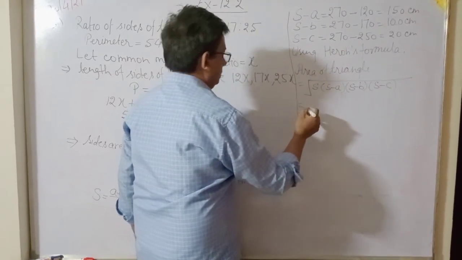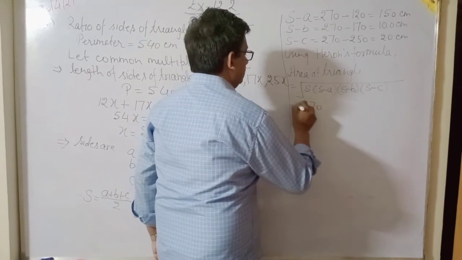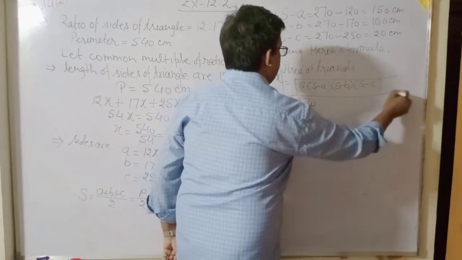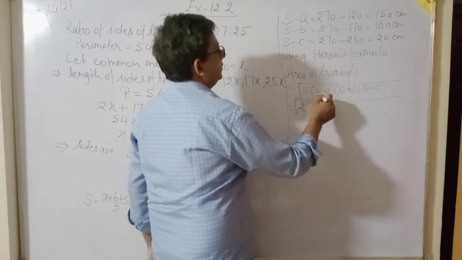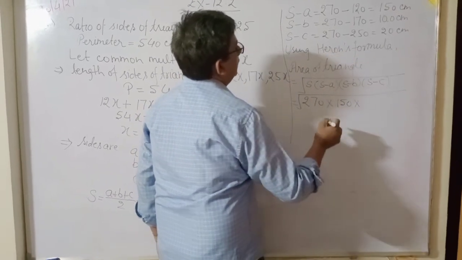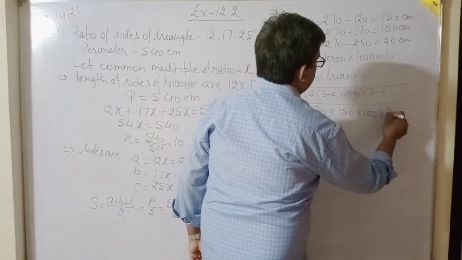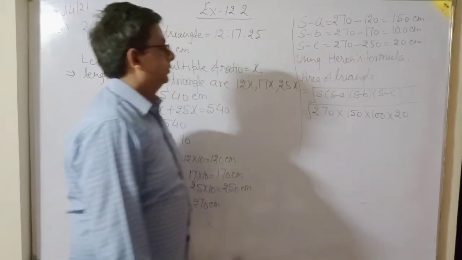So S is 270, 270 into S minus A. S minus A is 150 into S minus B is 100, and S minus C is 20. Okay.